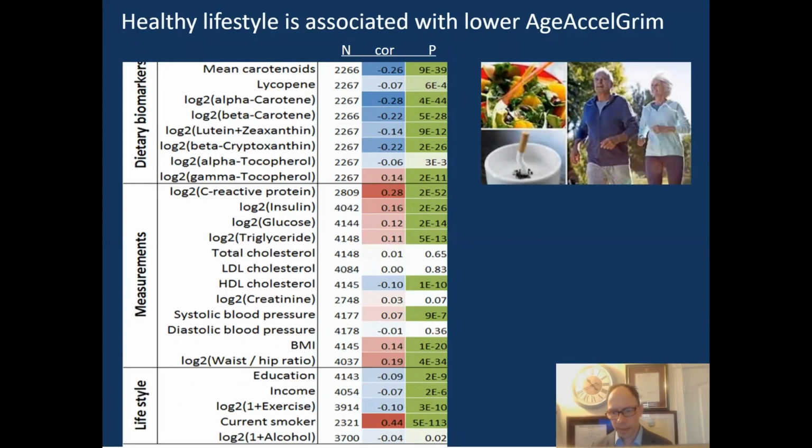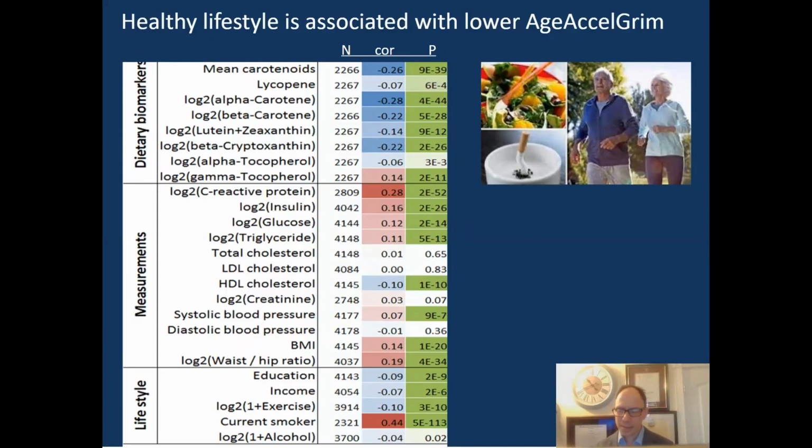At the bottom panel, you see that educational level is weakly but statistically significantly associated with slower epigenetic aging according to the GrimAge clock. Exercise also. And of course, smoking is very strongly associated with positive epigenetic age acceleration according to GrimAge.